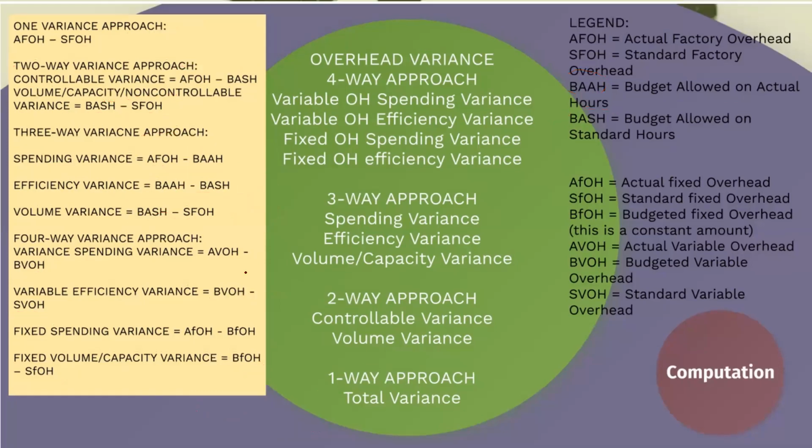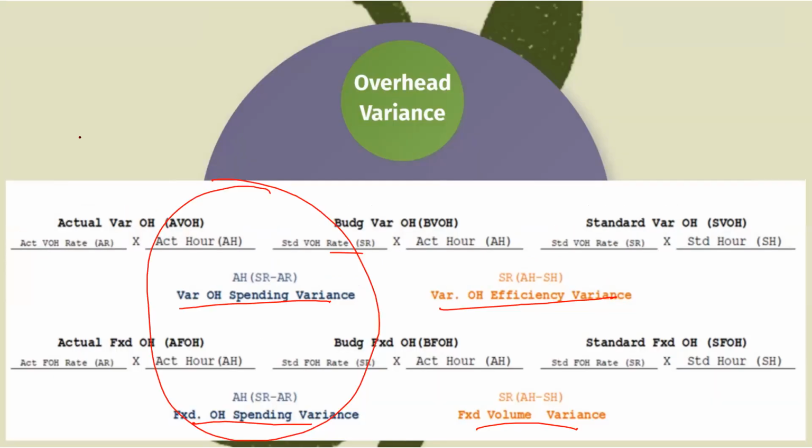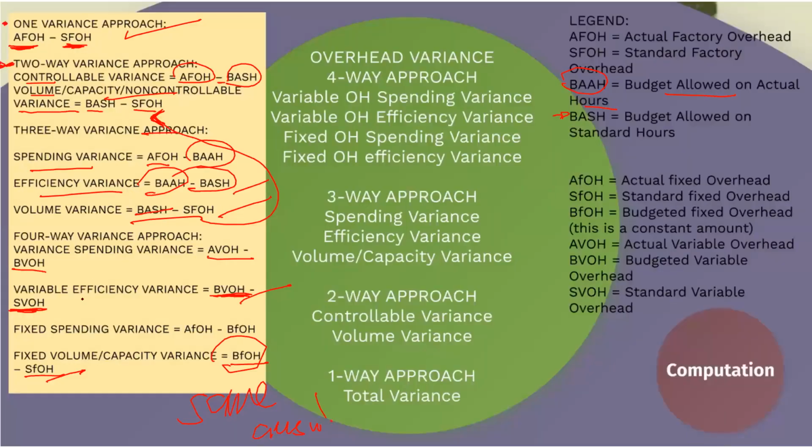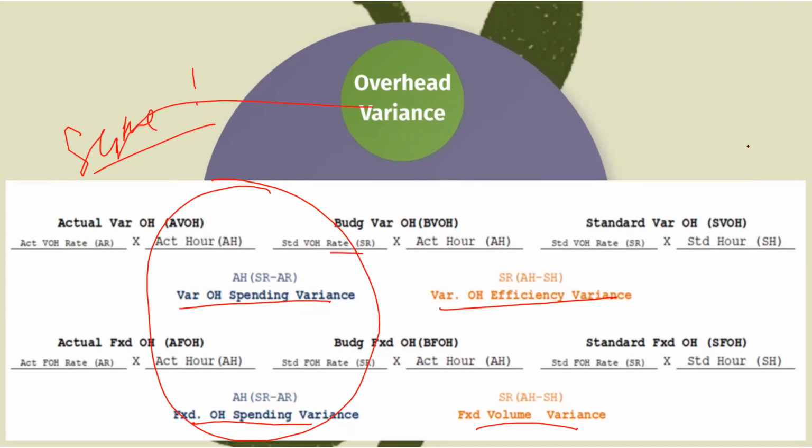And then try to use this overall formula. You should have the same answer. Kasi yun yung pinanggalingan nito. I should say, ang pinanggalingan nito, okay, yung formula mo dyan is this one. Everything comes from this. Okay? Nasaan yung pangatlo mo? It's the efficiency. Okay? And the volume. That's your three-way.